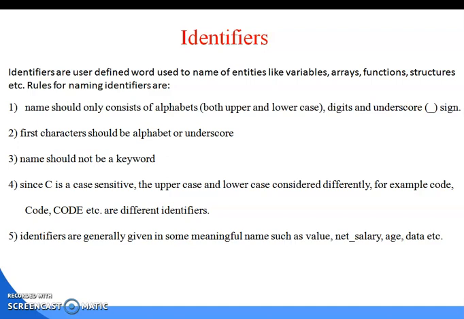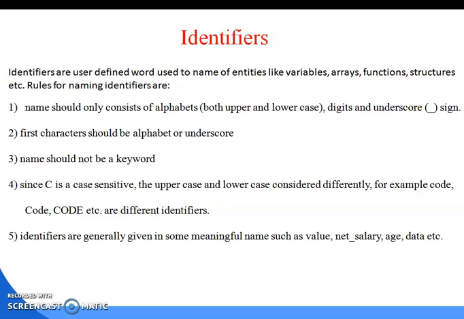So what are the rules when making identifiers? First, the name should only consist of alphabets, both upper and lowercase, digits and the underscore sign. The first character should be an alphabet or underscore. The name should not be a keyword. Since C is case sensitive, uppercase and lowercase are considered differently.